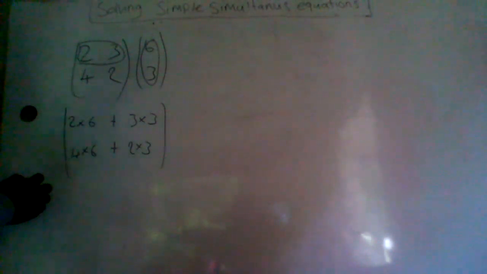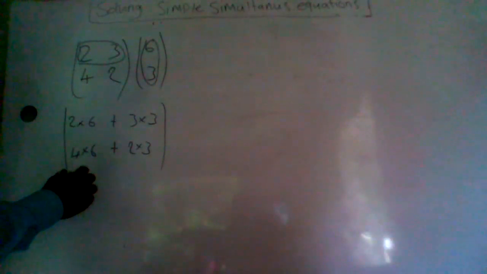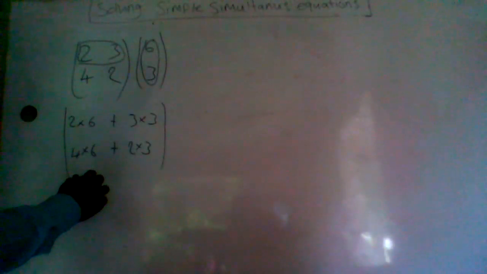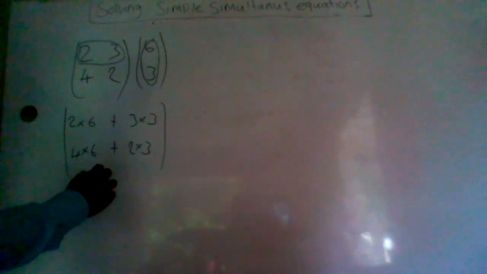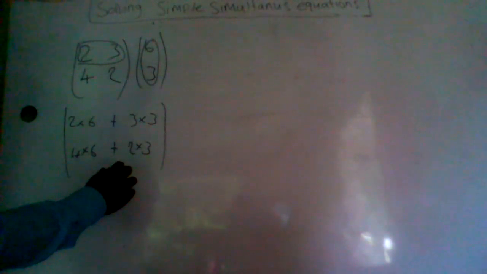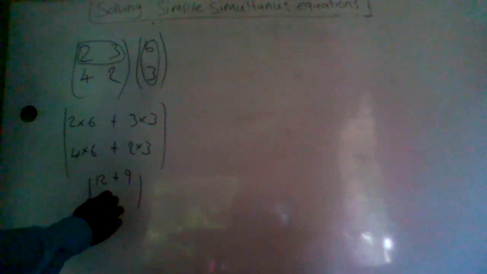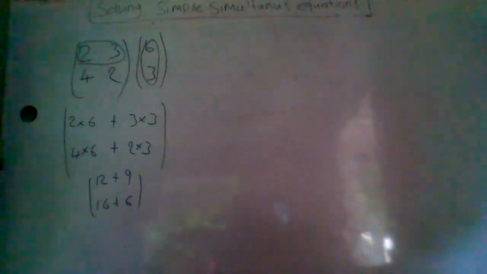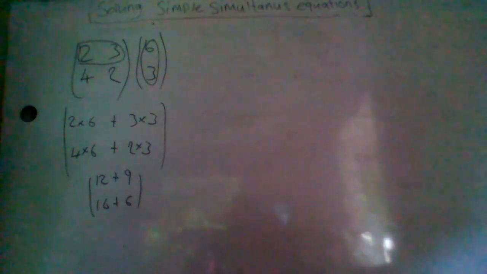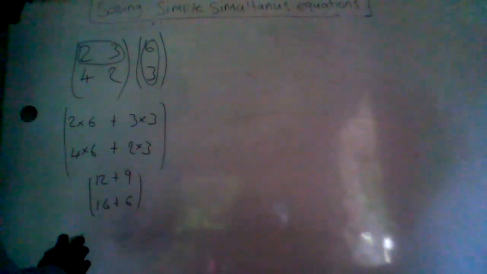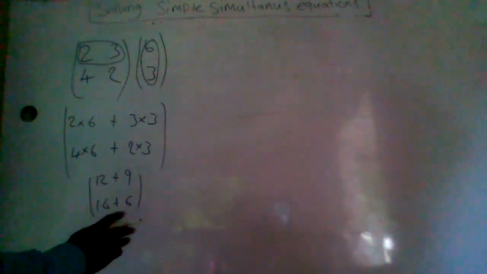And that will be equal to 12 plus 9 and 24 plus 6. 12 plus 9 will be equal to 21.